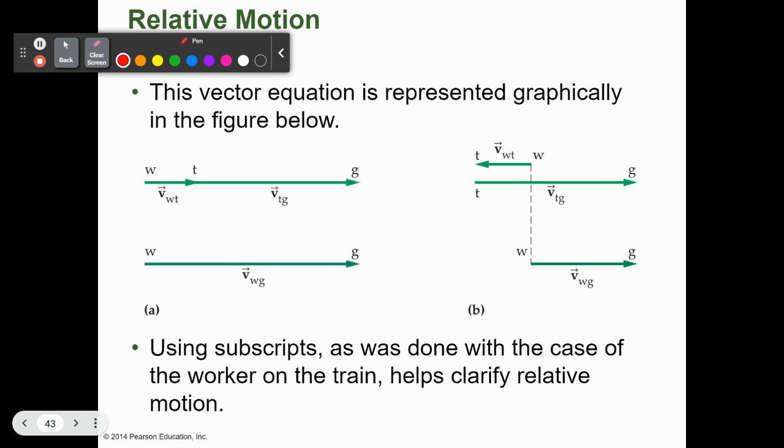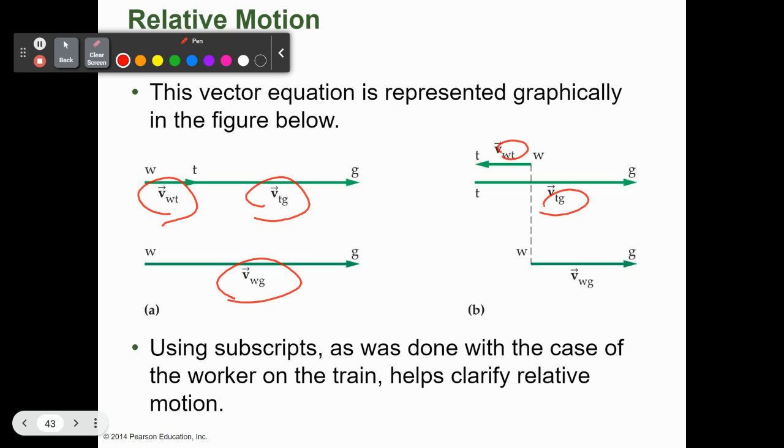So here are the two examples that we talked about. As long as they're going in the same direction, here's the worker on the train, here's the train on the ground. So the person on the ground is seeing them both going in the same direction, so you're simply going to add them together. In the other instance, the worker on the train was going the opposite direction, so the train to the ground is going in that direction.